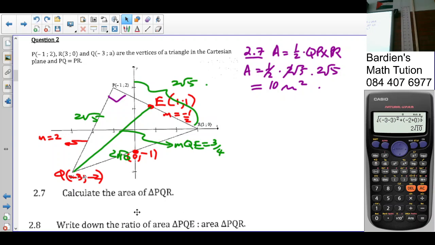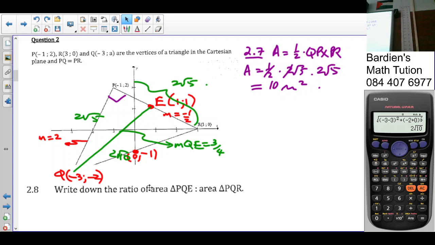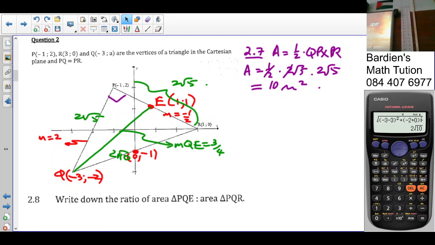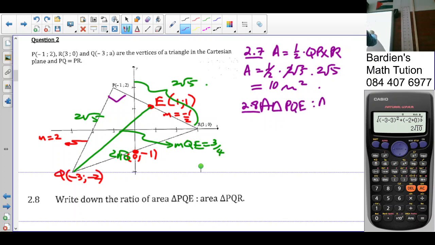Okay, then they want to know the ratio of the area of triangle PQE to the area of triangle PQR.